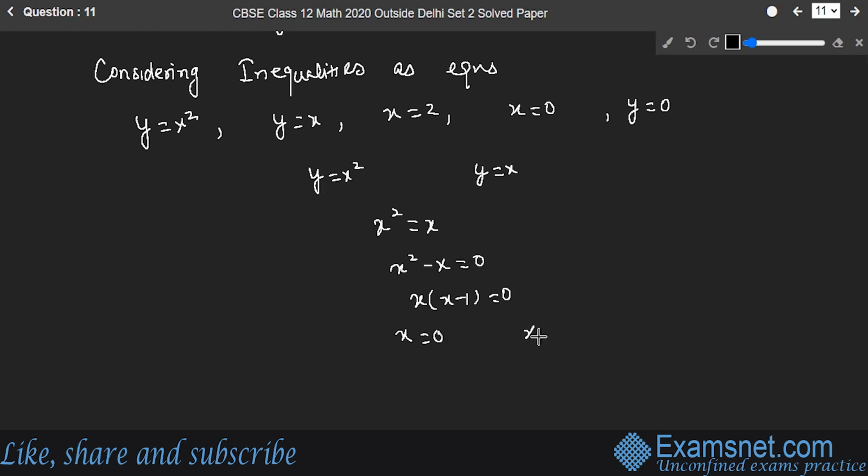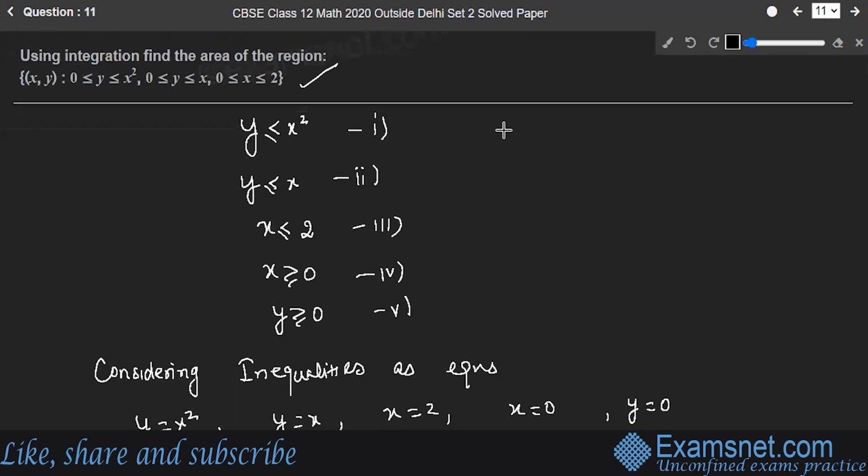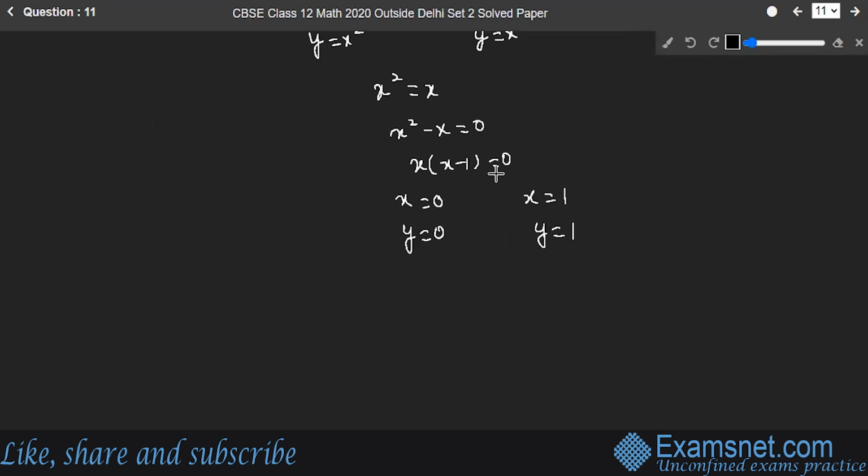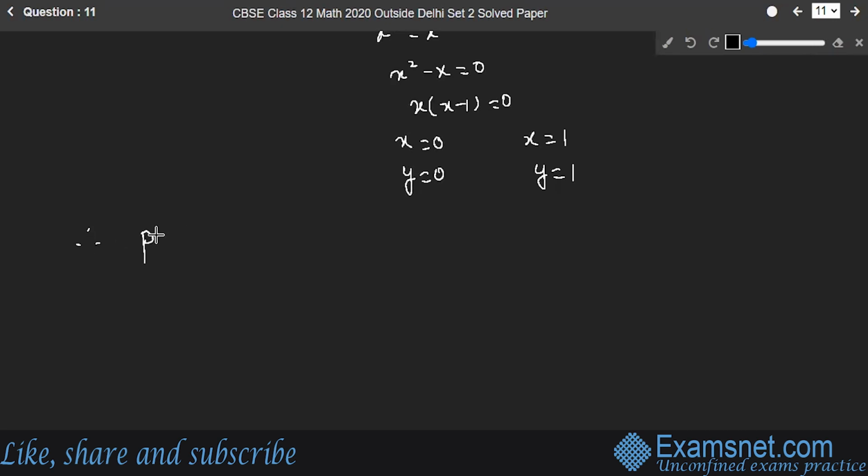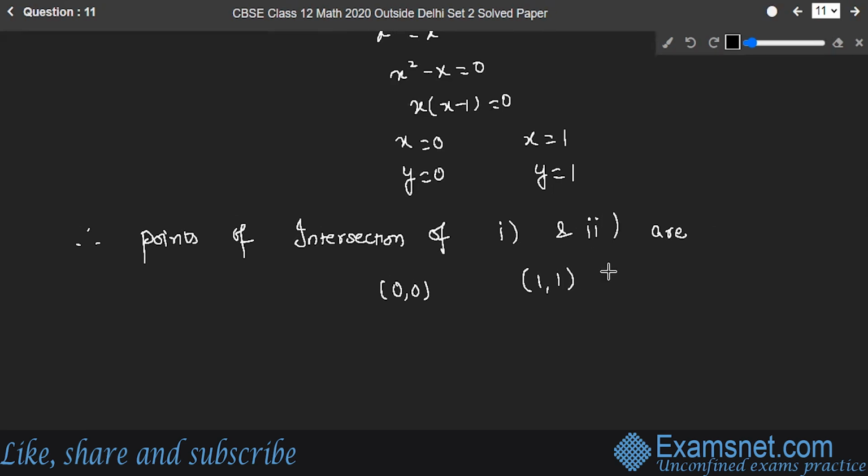That means either x is equal to 0 or x is equal to 1. When x is equal to 0, y will also be equal to 0, and when x is equal to 1, y will also be equal to 1. So the points of intersection of curves 1 and 2 are (0, 0) and (1, 1).